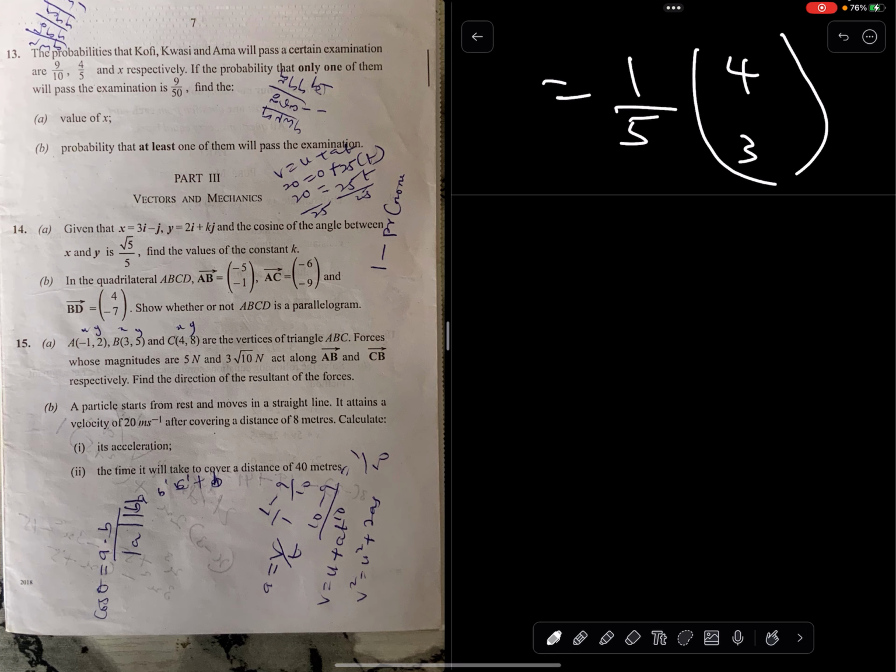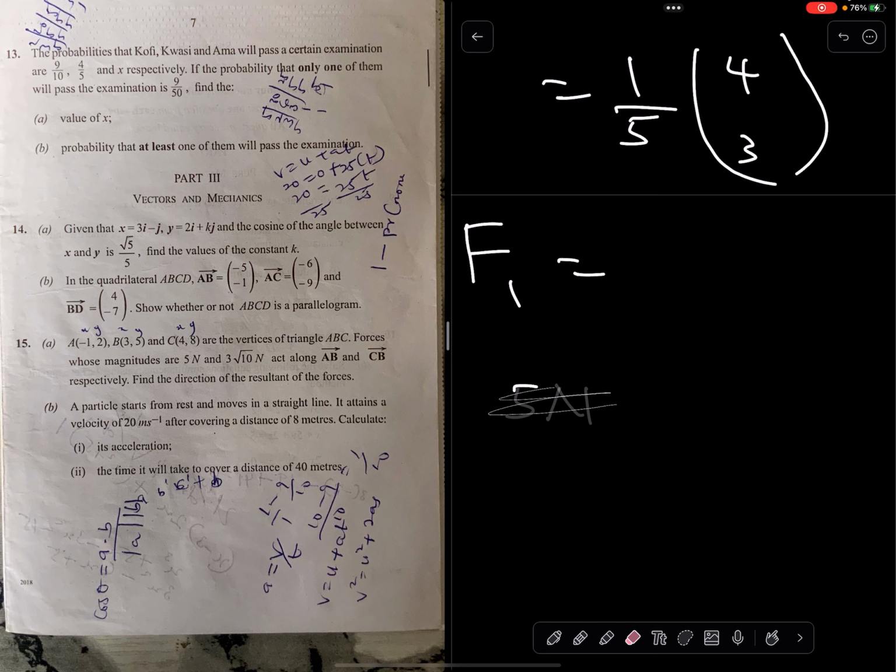Now, since the force which acts along AB has a magnitude of 5 newtons, let the force acting along AB be F1. Its magnitude is 5 newtons.